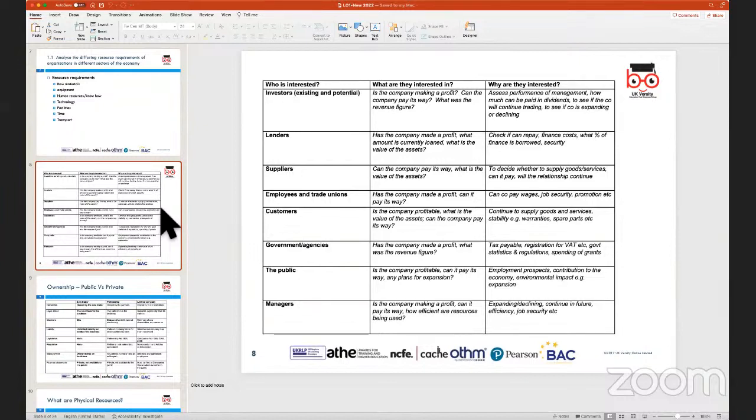And for Maria and Eunice, if you work within the NHS or a care home as an employee, what kind of resources do you think you would need to be able to effectively discharge your duties?